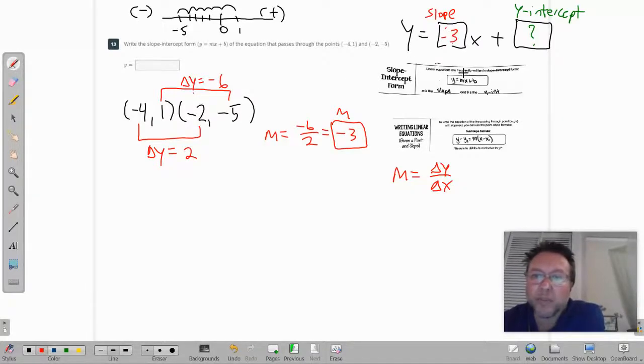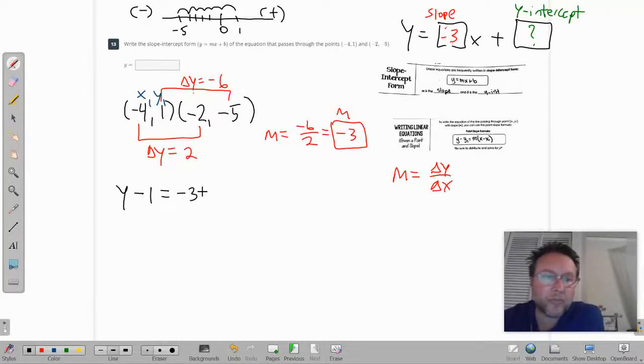Now I just need to figure out where this pattern starts, what the starting point for this pattern is. So again, to find that, we're going to use point-slope. So I'm going to take y minus y1. And again, it doesn't matter which one you pick. Sometimes I just pick the first one out of habit, but it doesn't matter. So you have y minus 1 equals the slope, which is -3.